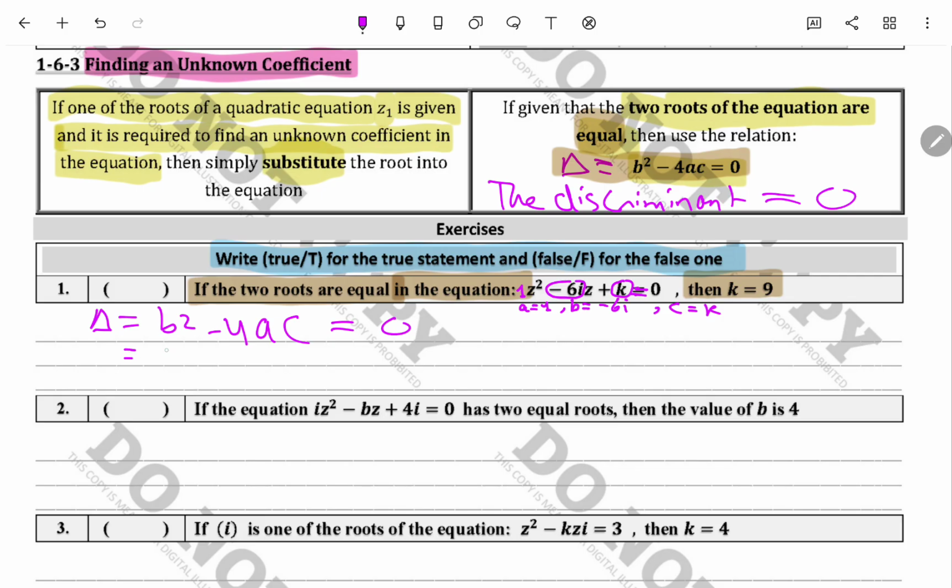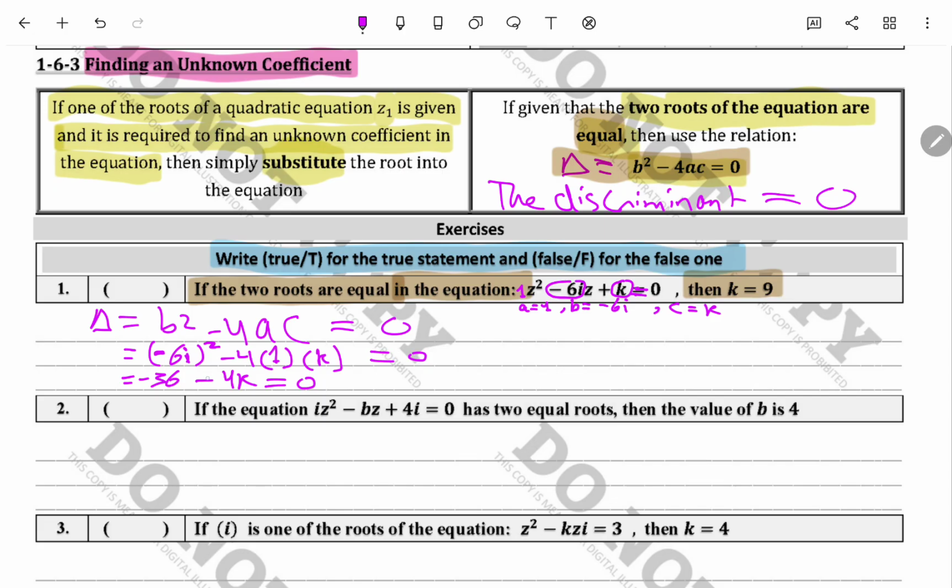Now replace in the delta: negative 6i all squared, minus 4 times a, which is 1, times c, which is k. That all should be equal to 0. If you square the negative inside the bracket, it becomes positive. The 6 becomes 36 and i squared is negative 1, then minus 4k equals 0.